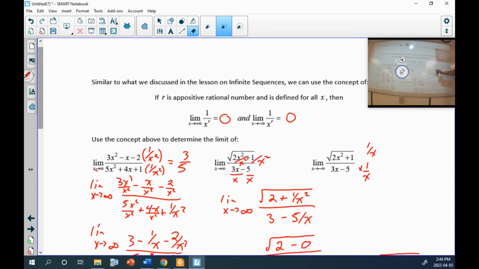So I had to multiply by 1 over x, the square root of 1 over x squared, so I could do my multiplication with my radical signs. We cannot multiply a whole number into a radical sign. We have to square it with the square root sign, then you can multiply. So in both cases, these are both 1 over x. This is just written in a different form.